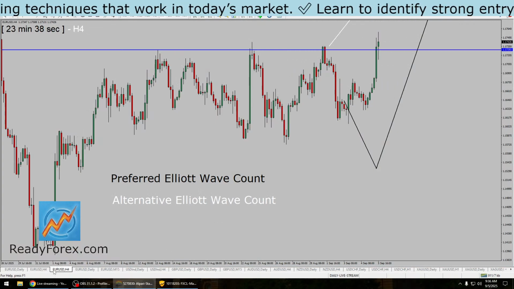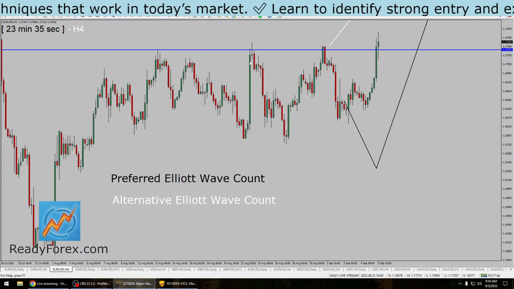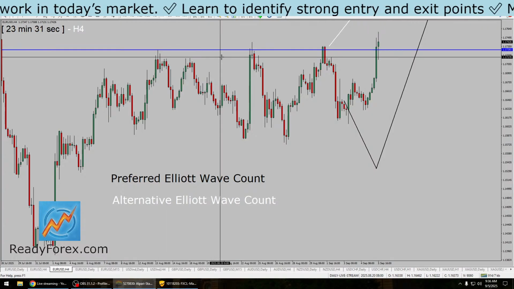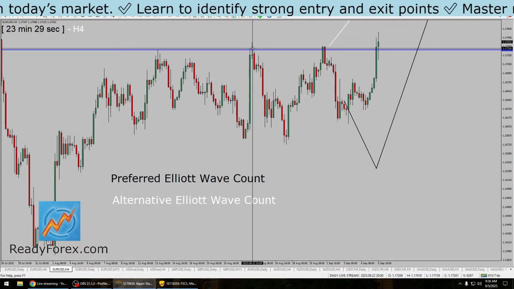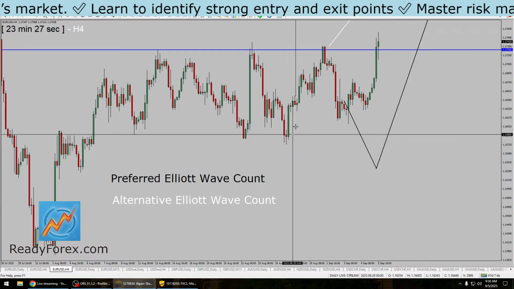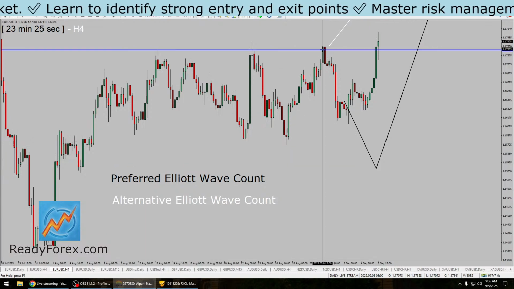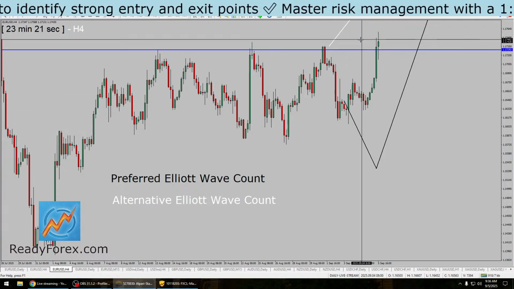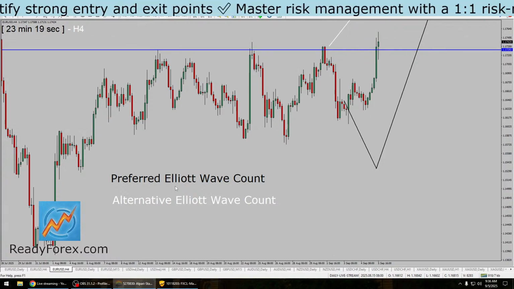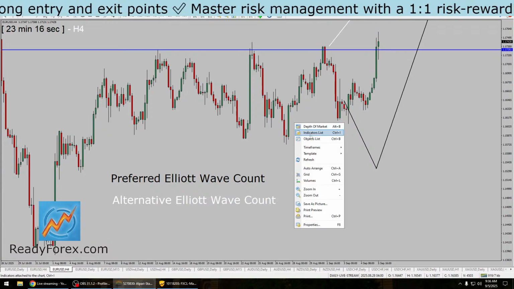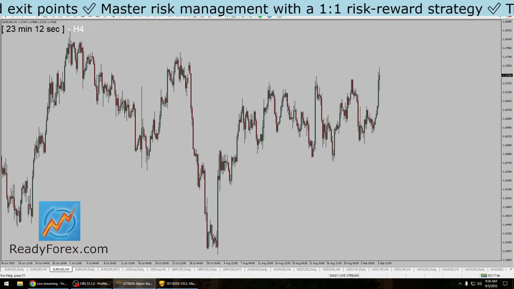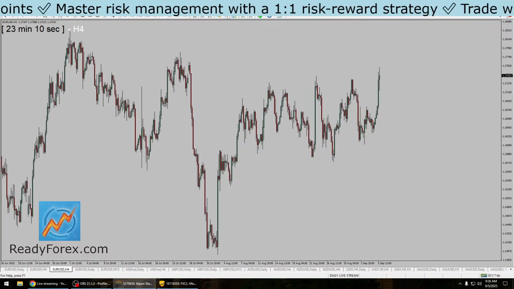So regarding the euro over here, the way I see it, we got multiple hits over here. This was the high, then a drop, then a rally took out this high, then dropped again, then it almost tested the same highs over here, then dropped again, and now the market actually took out this high again as well. So what kind of wave count are we getting over here?